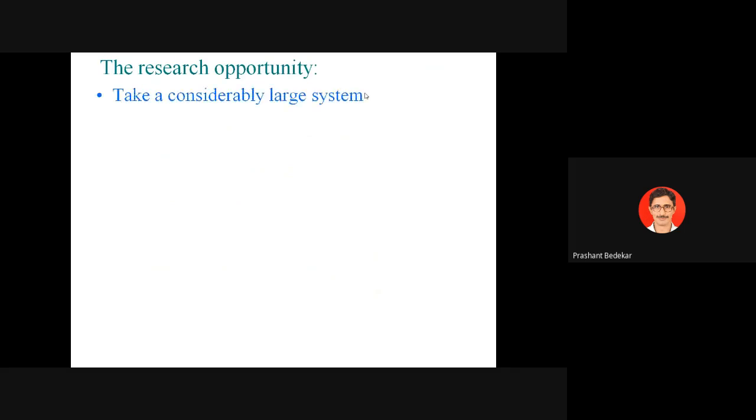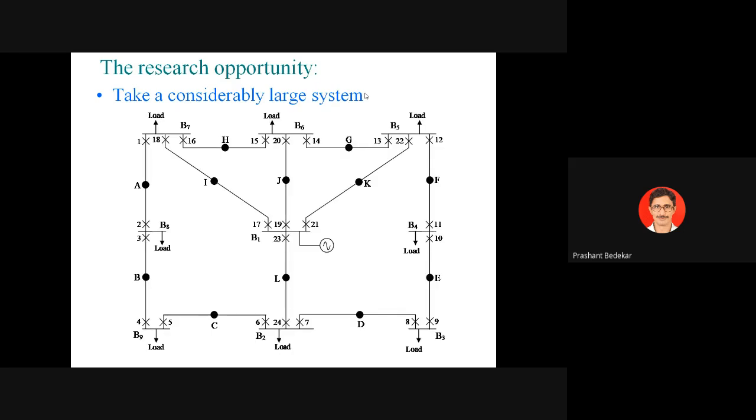Take a considerably large system. This is a system with 9 feeders and 24 relays. You can just think how many primary backup combinations will be there. But still there is one thing which has made the system simple. Even though it is large, it is simple because it is a single end fed system.